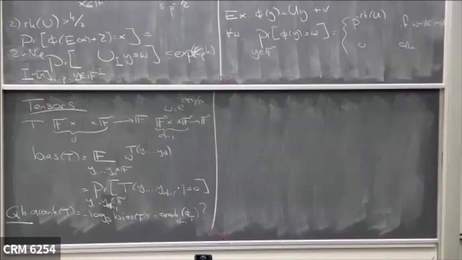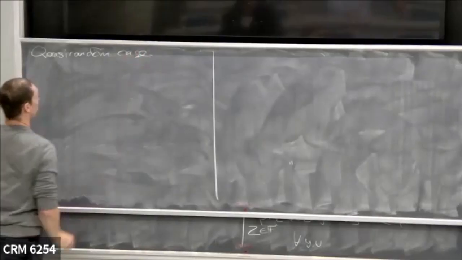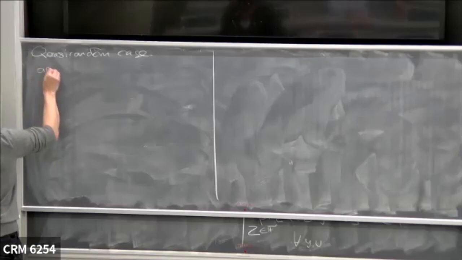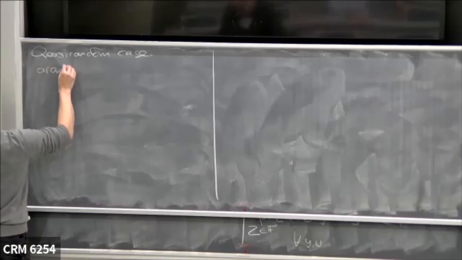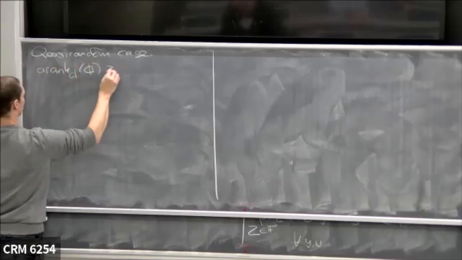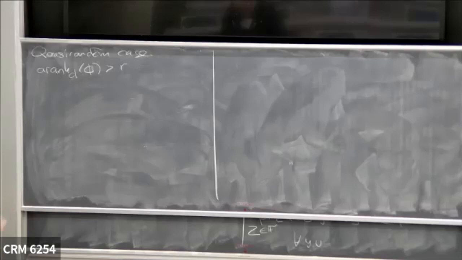So this is case analysis, usually called the structured case versus the quasi-random case. The quasi-random case considers the setting in which the rank is large, which should be thought of as your map behaving somewhat randomly in some sense. Okay. Suppose that the analytic D rank of our polynomial map phi is large, at least some parameter r that you have to choose judiciously in the end to make the proof work.